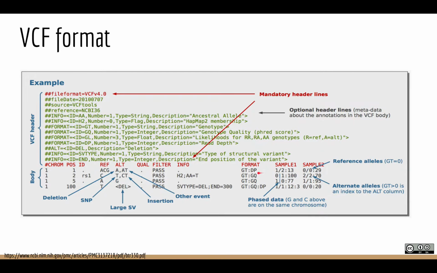So in this case, this format tells me I should see a genotype followed by DP. I know this is a genotype because I look up GT here and it says genotype. I don't know what DP is, so I can look it up in this format field and it says the read depth. So in this case, this individual, sample 1, had a read depth of 13 at position 1 on chromosome 1.